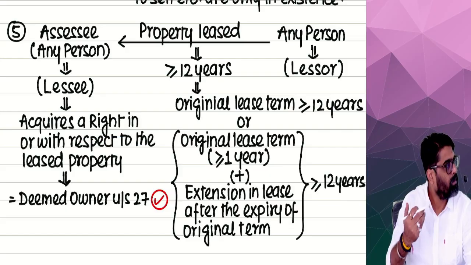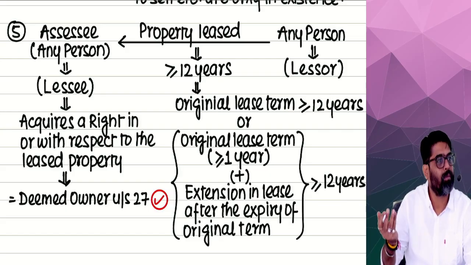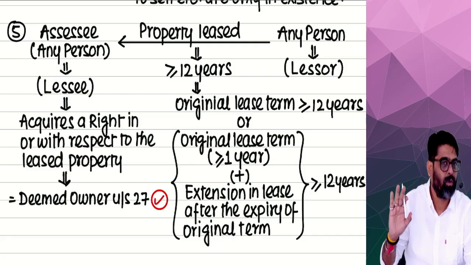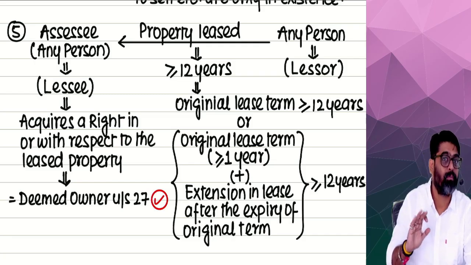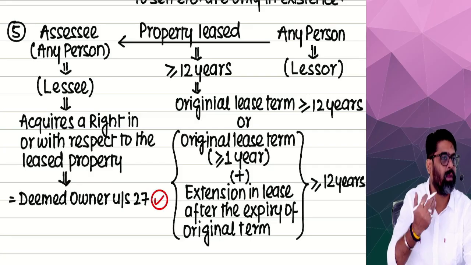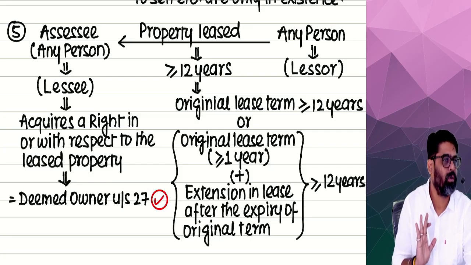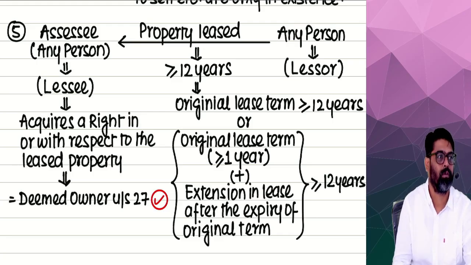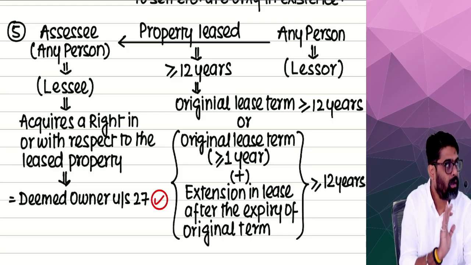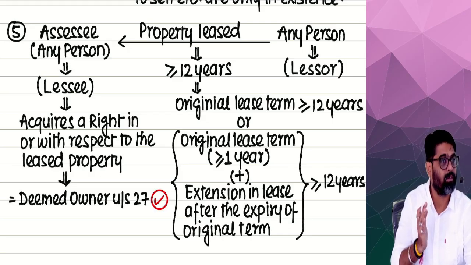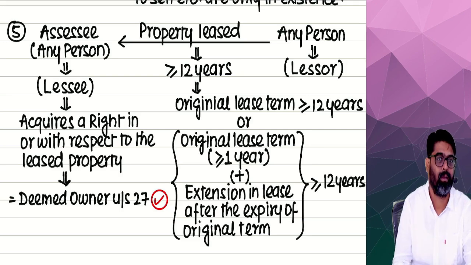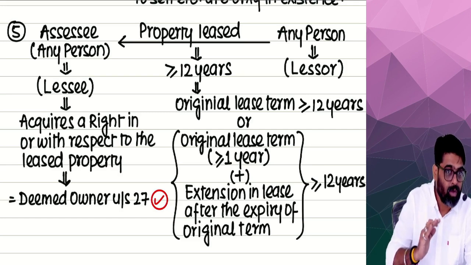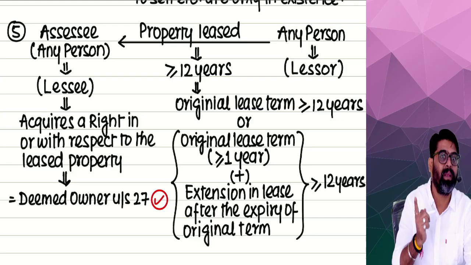Now the property will be gone from the hands of the owner. So usually owners make sure that if we are giving the property on rent to someone, we should not give it for 12 months or more at once. We'll give it only for 11 months. So the period is less than 12 months, less than 1 year.